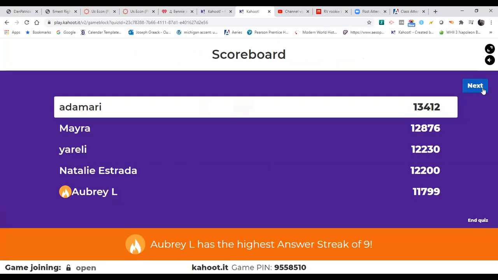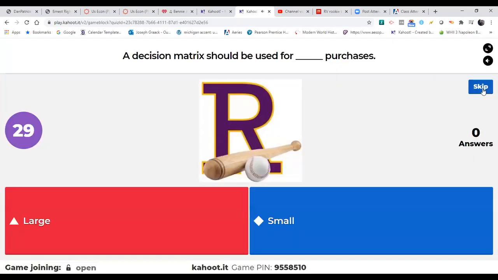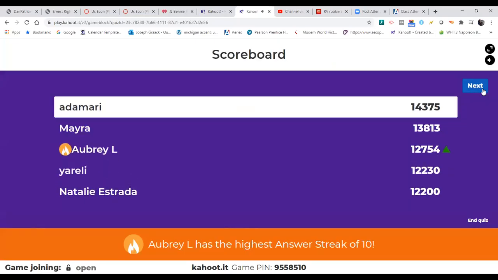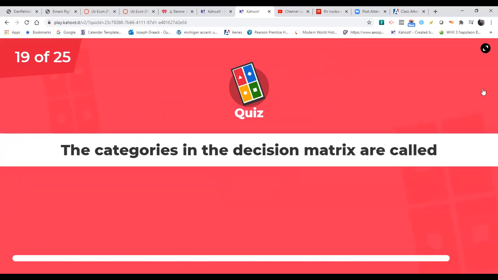Aubrey with a streak of 9. Decision matrix should be used for what kind of purchases? Large. All right, the categories in the decision matrix are called what?